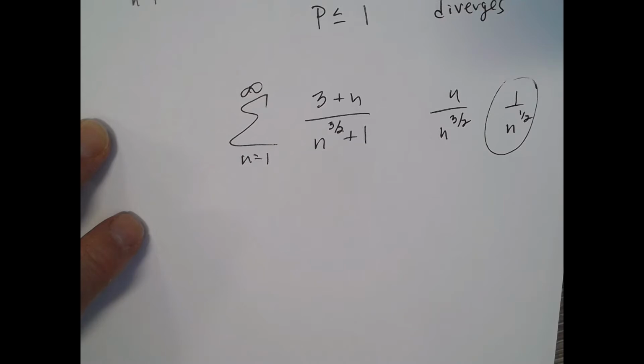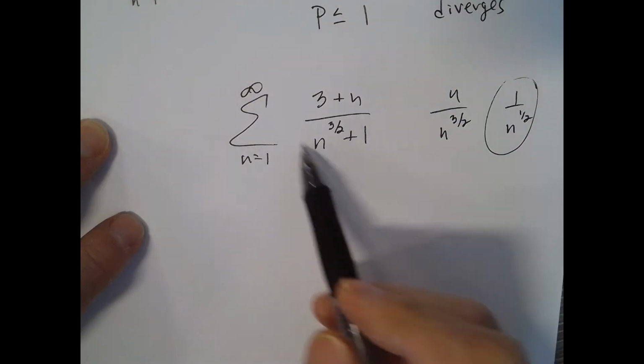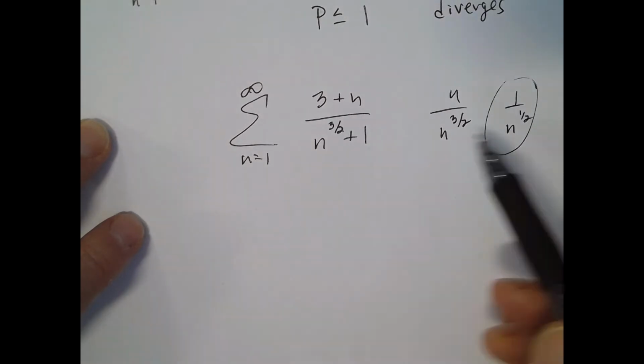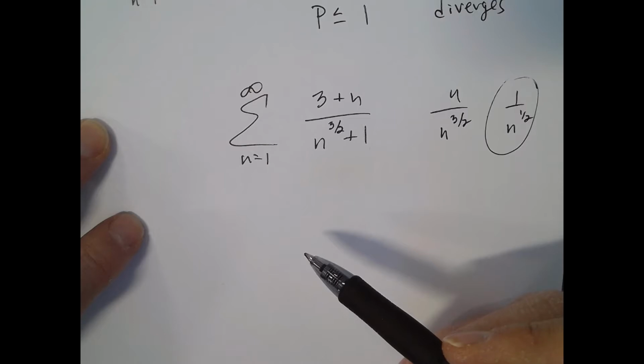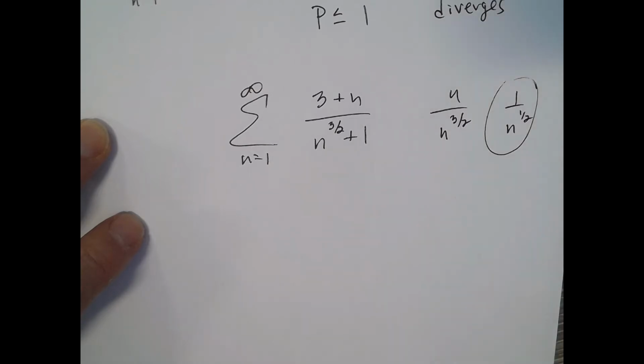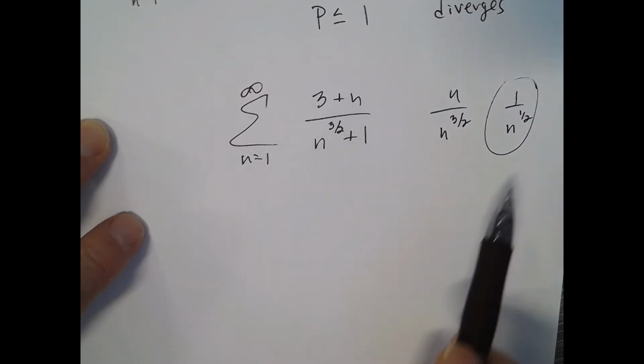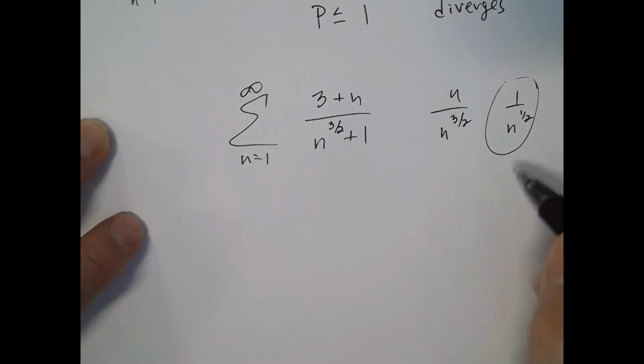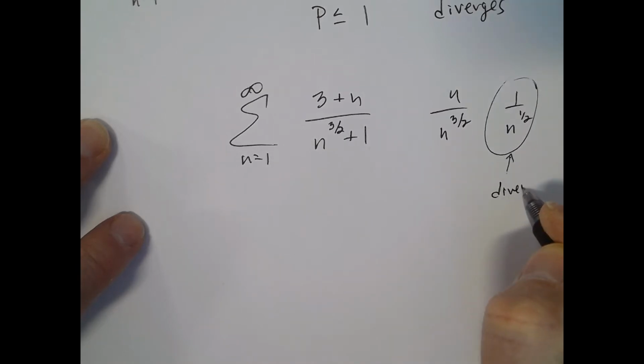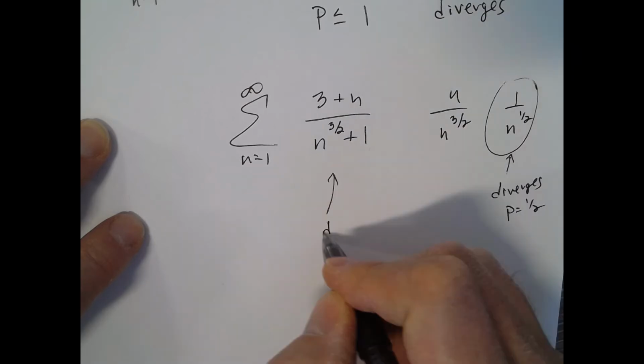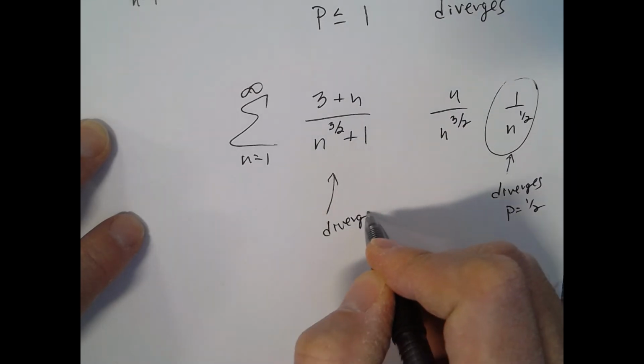So in my head, I already know the answer to this problem, because I'm going to compare this to this and get some number. That means they're going to behave the same. If they behave the same, and we know that this one diverges, then the other one must diverge also. The only step I didn't show is comparing the two.